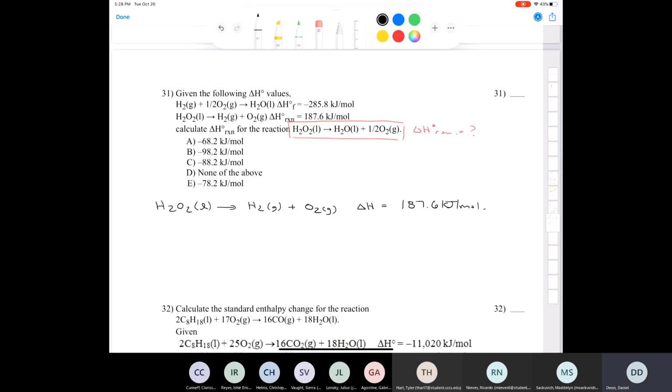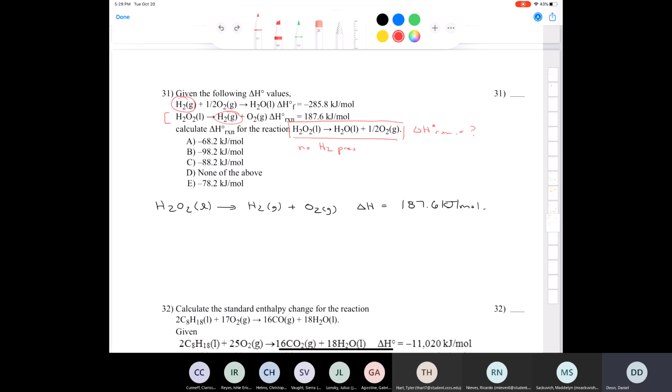No, I don't have to manipulate them. Now that I'm looking at it carefully, I didn't do this one ahead of time. But you see that the only way you could get rid of these two hydrogens is to have them on opposite sides. And I've already decided that I can't change this equation, and there's no H2 present in the final equation. So really, all I have to do is tally up these two equations.